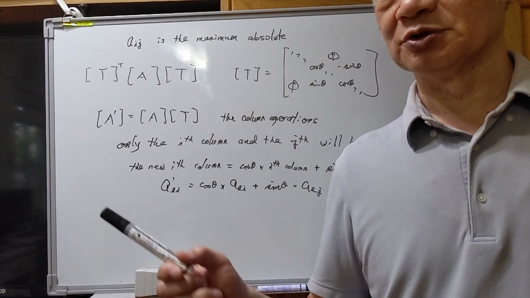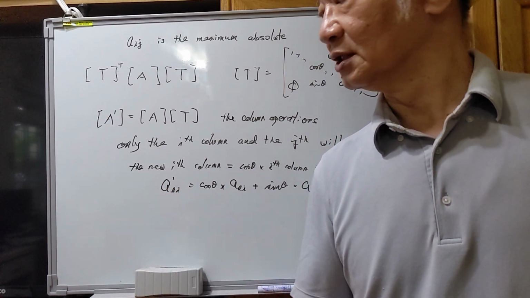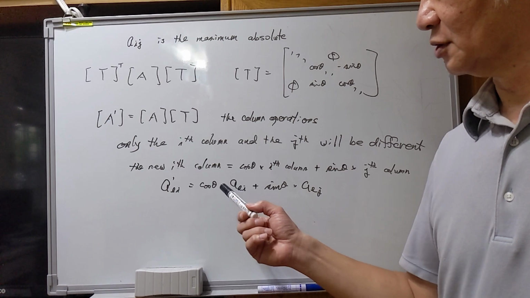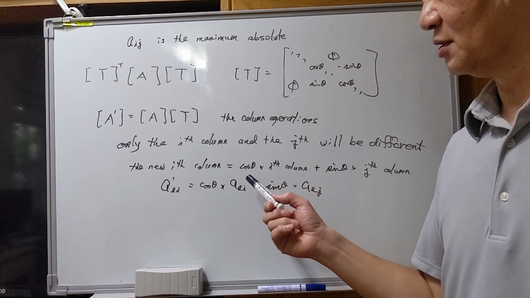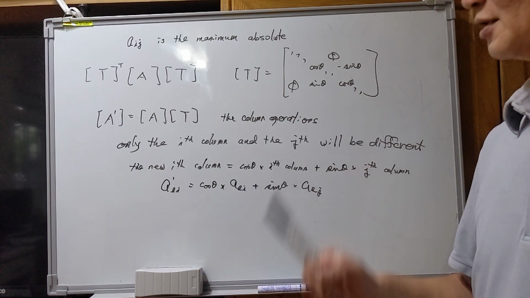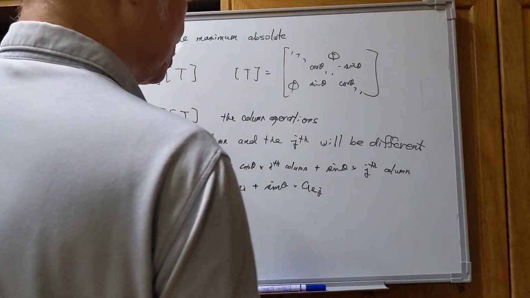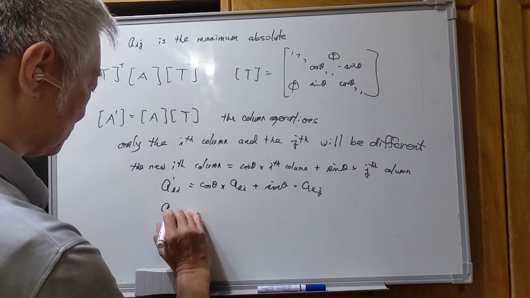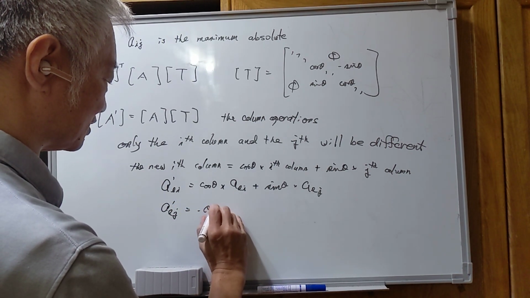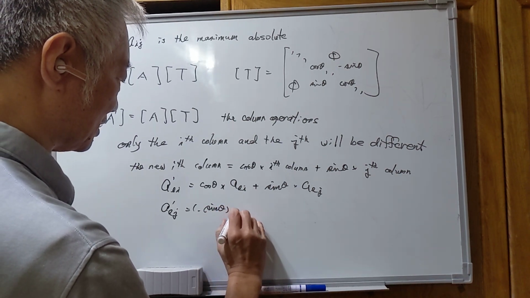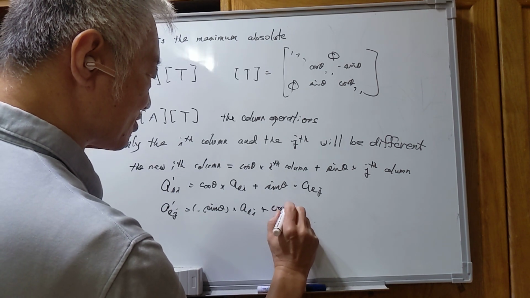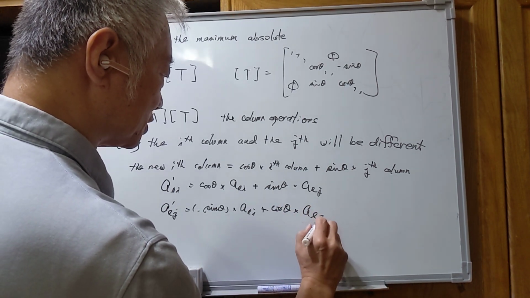The l can be changed from 1 to n, and the elements in the ith column are equal to cosine theta times the elements in the ith column plus sine theta times the elements in the jth column. Also, A_lj prime is equal to negative sine theta times A_li plus cosine theta times A_lj.